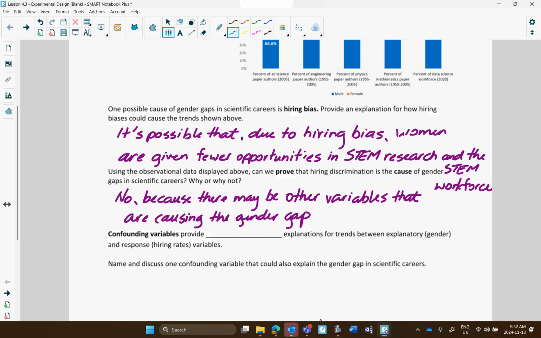Which means we're not entirely sure exactly what's causing the gender gaps, because hiring bias may, but there could be other variables involved.